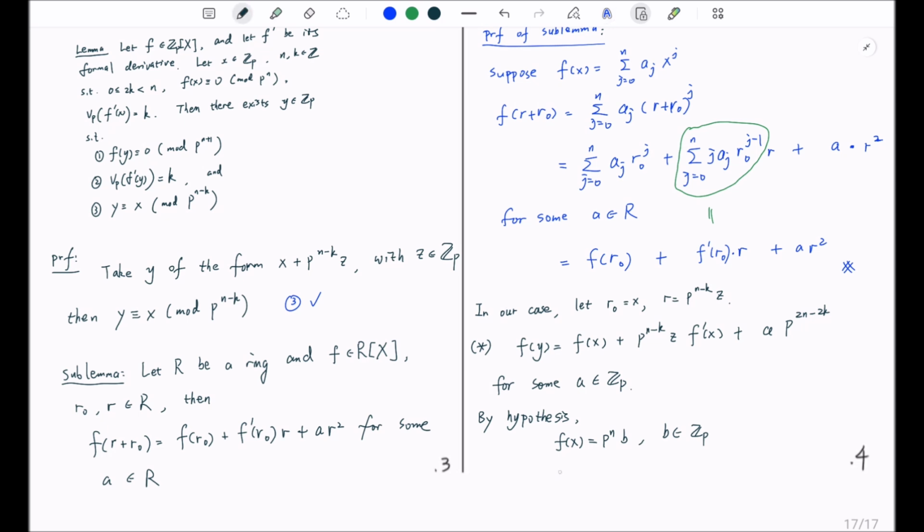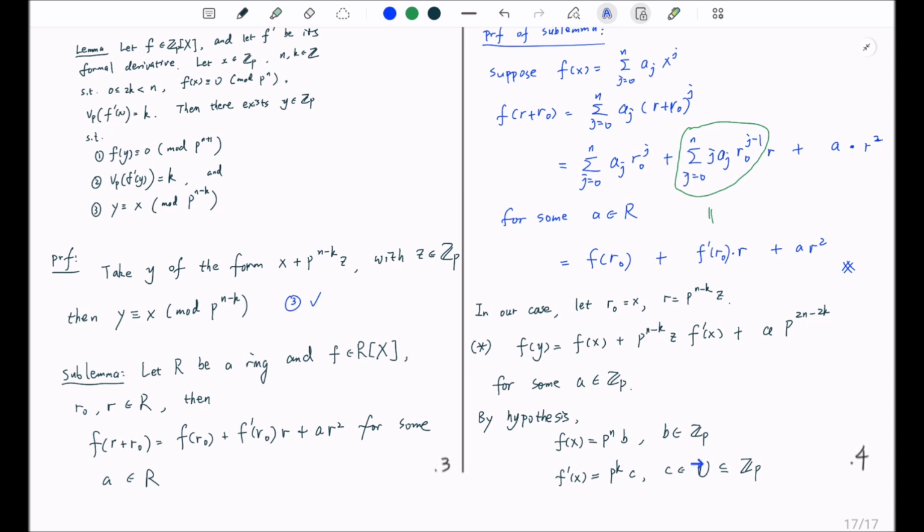And that translates by definition to the following. f prime of x is equal to p to the power k times c. And this c is not just an arbitrary element in Zp, but an invertible element in Zp. So starting in this video, I'm going to use a better notation for our previous U, the subgroup of invertible elements in Zp.